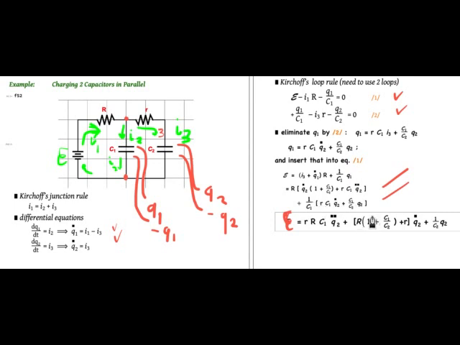So I have R times the quantity 1 plus C1 over C2 plus little r Q2 dot. That's these two terms. Then I have a term which goes like Q2. The C1s cancel, so I just have Q2 over C2.